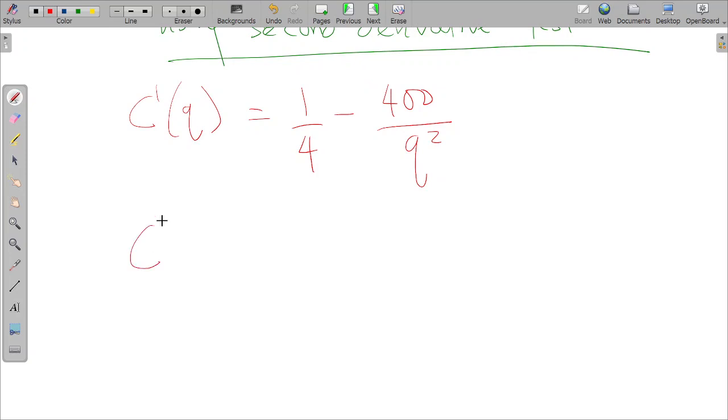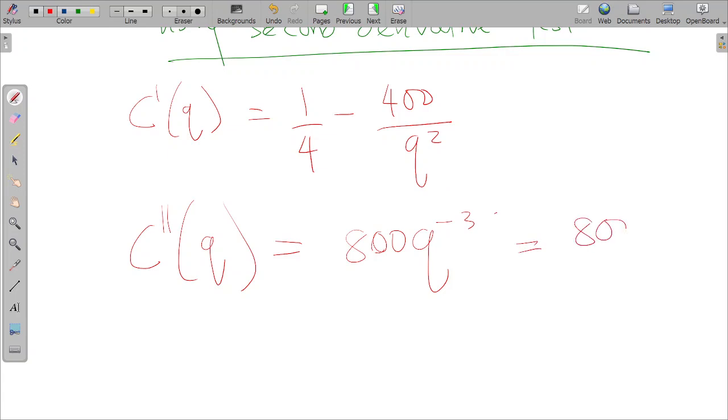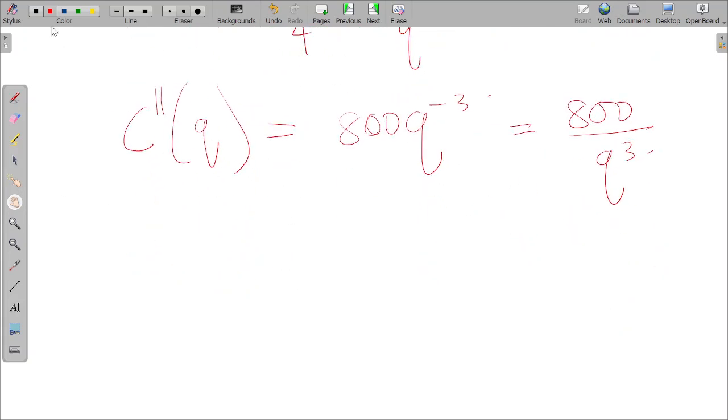Now I need to find the second derivative. This is 0, then this will become 800 q to the minus 3, which is 800 over q cubed. That is the second derivative. Please know how to derive very well. You must know how to derive very well.